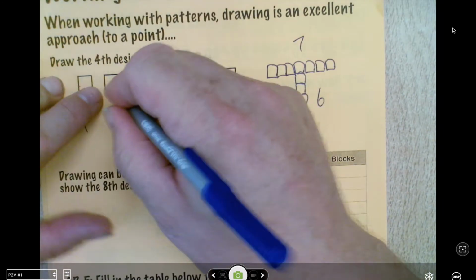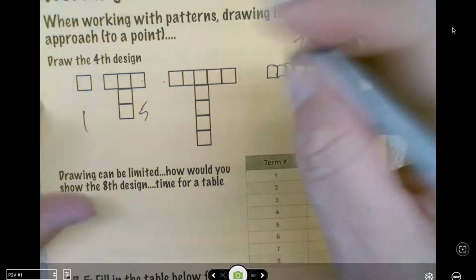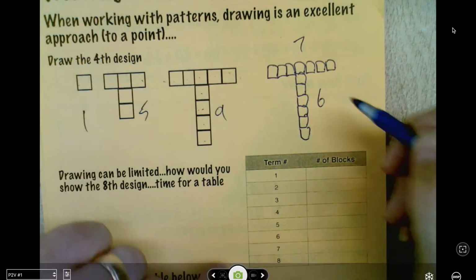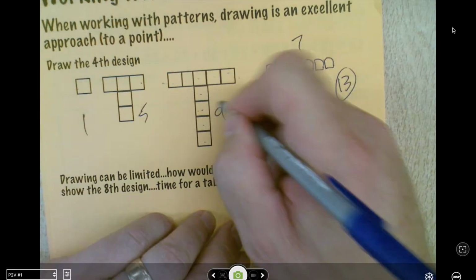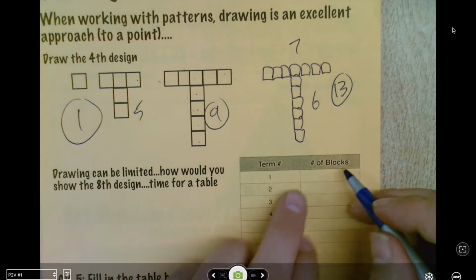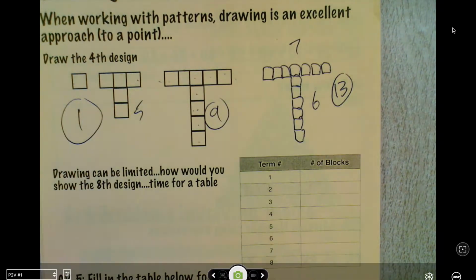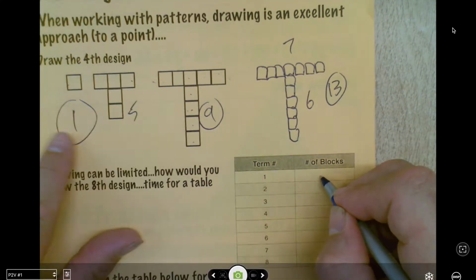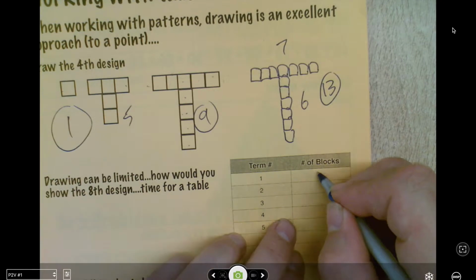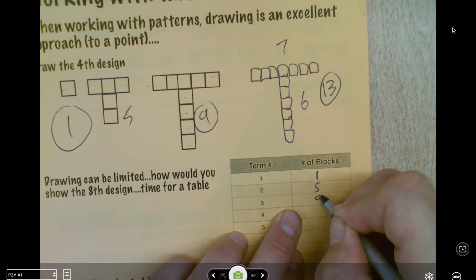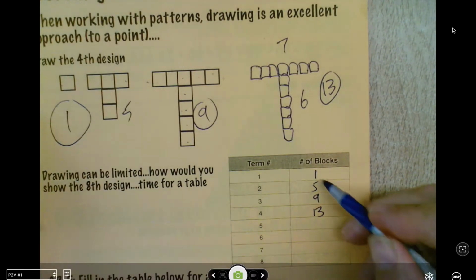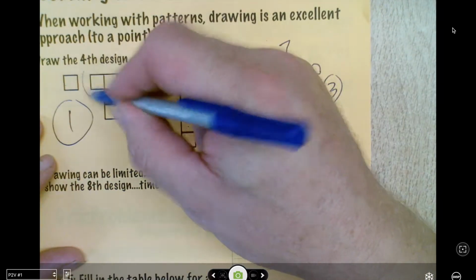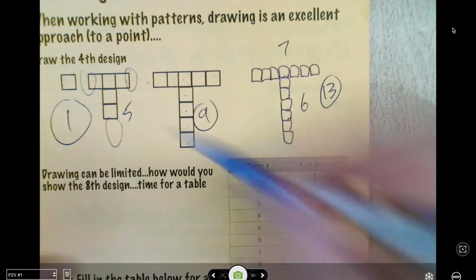So I've got 1, 5, 9, and then I've got 13 over here. So I change over to a table now, because it's going to get larger and larger, it's going to be harder to draw. In the first design, I had 1, then I had 5, then I had 9, then I had 13, and I notice I'm adding 4 each time, which makes sense because I add 1 on the end, 1 on the end, and I add 2 on the tail each time.